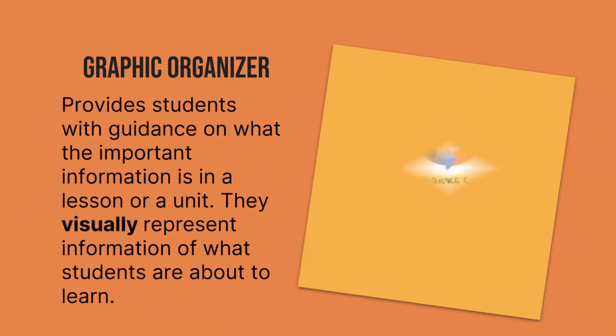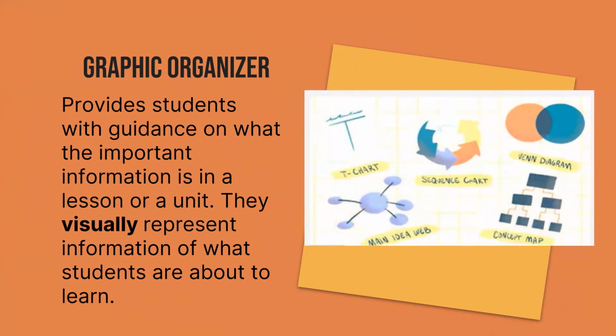And the last type of organizer we have here is the graphic organizer. This is basically the use of visuals like T-charts, sequence charts, Venn diagram, main idea web, and concept map. This provides students with guidance on what the important information is in a lesson or unit.